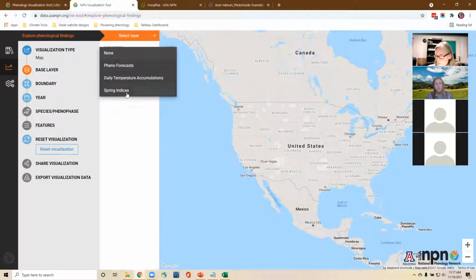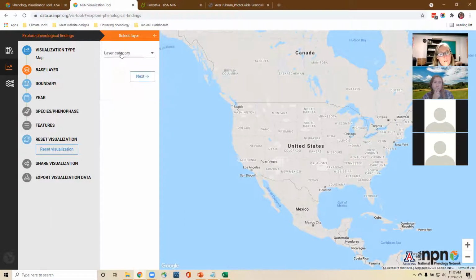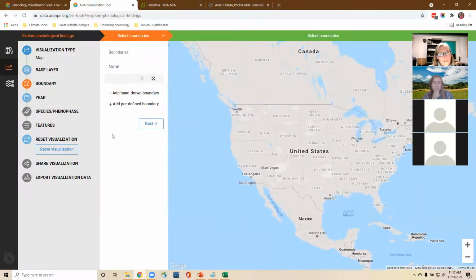These are the way you get into looking at things like the spring index or our forecasts for different pests, also our accumulated growing degree day maps. But if you're just looking at species phenology, just leave that off, so have none selected. And then you can put a boundary if you want to limit the geographic area that displays. But usually if I'm just trying to see where people are reporting the species, I don't put a boundary on.